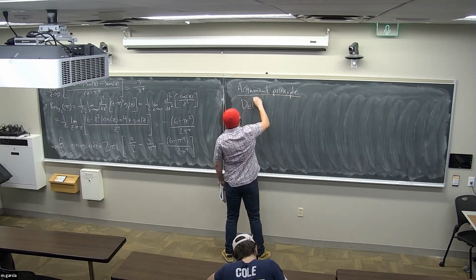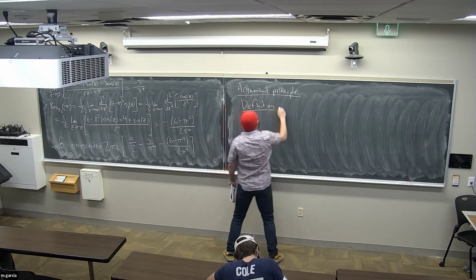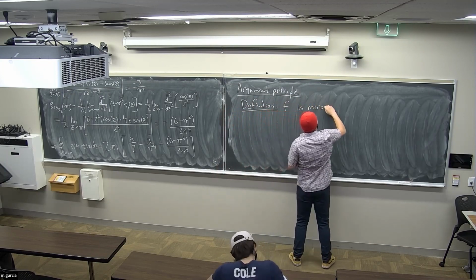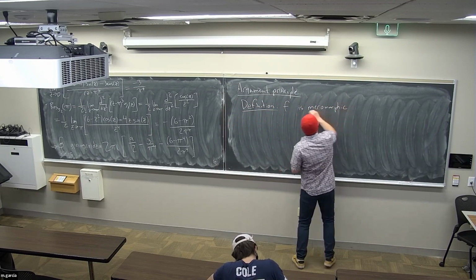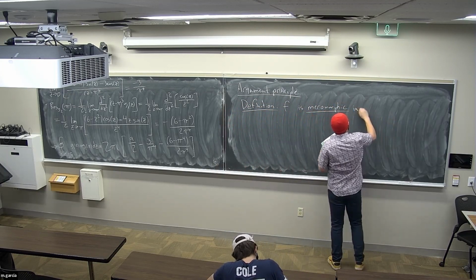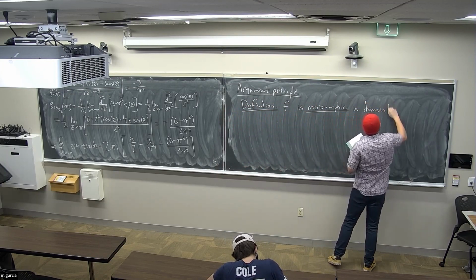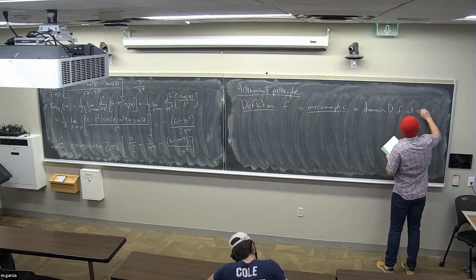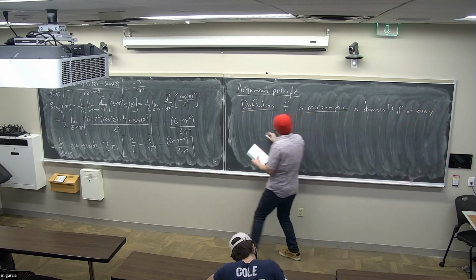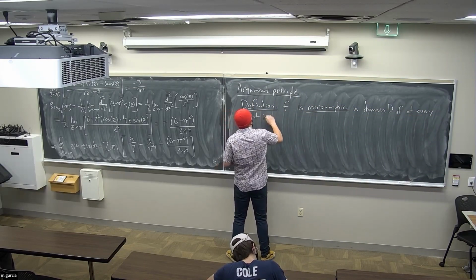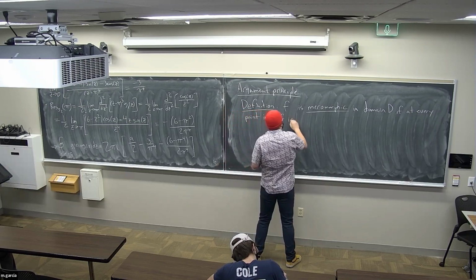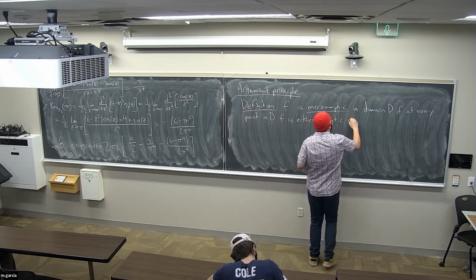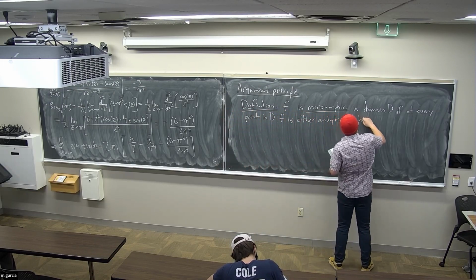What is a meromorphic function? F is meromorphic in domain D if at every point in D, F is either analytic or has a pole.